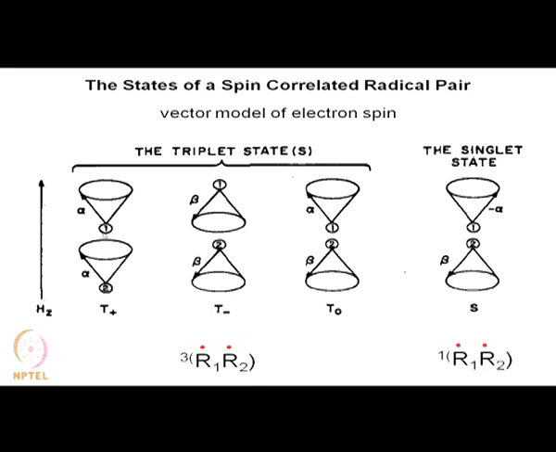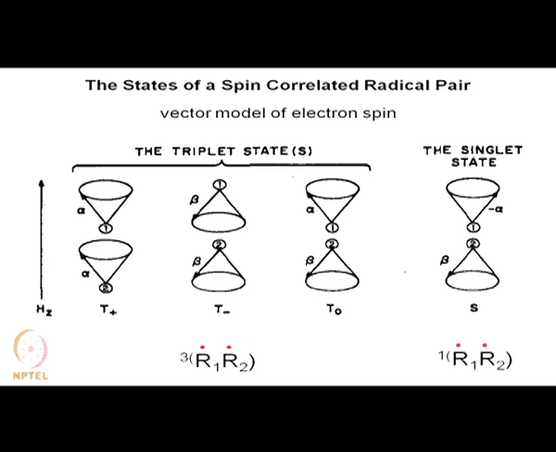One spin function is alpha, another spin function is alpha, so combined, one triplet description is alpha alpha. In another case it is beta beta: both are down, so the z projection is minus half. Here it is a linear combination of alpha and beta, alpha 1 beta 2, of course with a proper normalization constant.